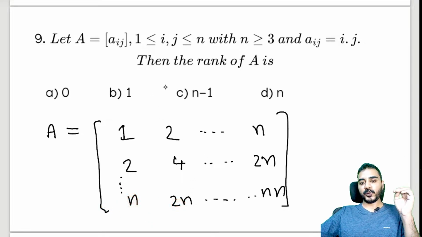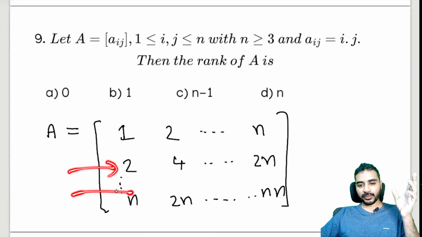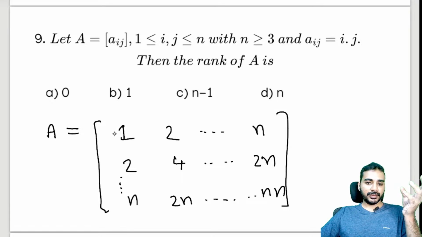So what we can say here is except for the first row, all other rows can be written as a combination of the first row. Or let me write it like this.